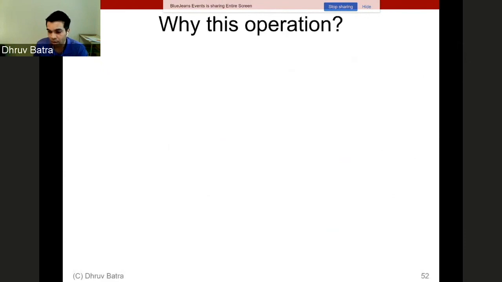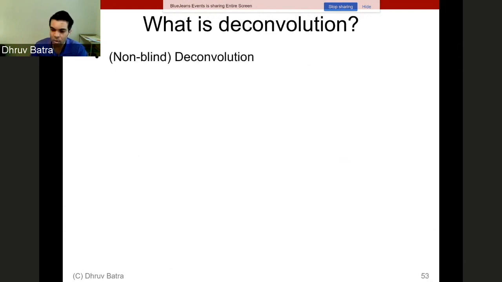Okay, I wanted to get into why this operation. I don't think we'll be able to finish that because that requires viewing this as a particular kind of operation. But let me at least say why this is known as deconvolution. And so what is deconvolution for people who haven't taken signal processing classes?